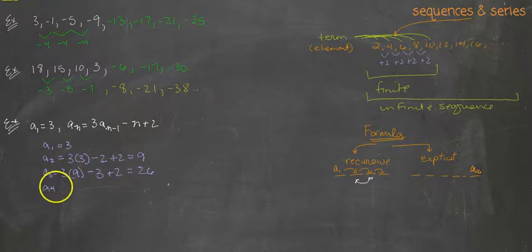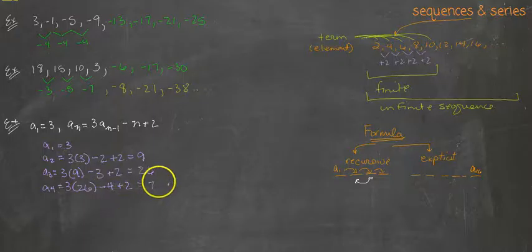A sub 4 is 3 times a sub 4 minus 1, which is a sub 3, and the value for a sub 3 is 26, minus n, which is 4, plus 2. So that's 26 times 3 is 78, take away 2, 76.